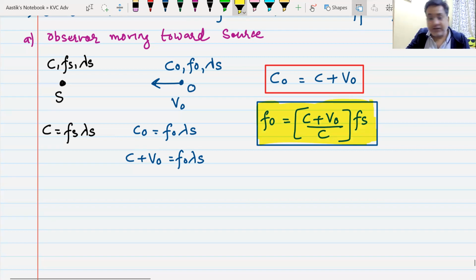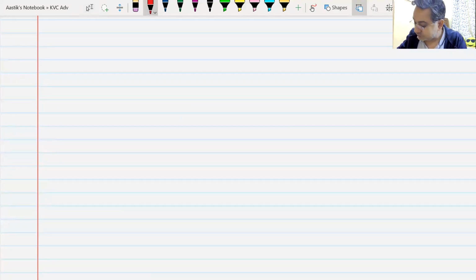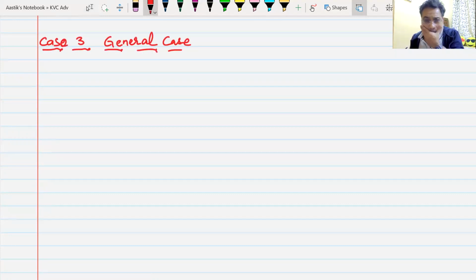Now we can go to the general case. And what is the general case? Case number 3, general case. Now in the general case, how can we write the equation?